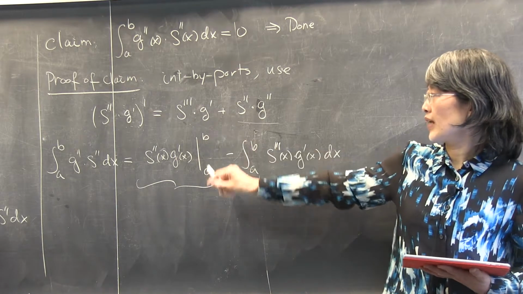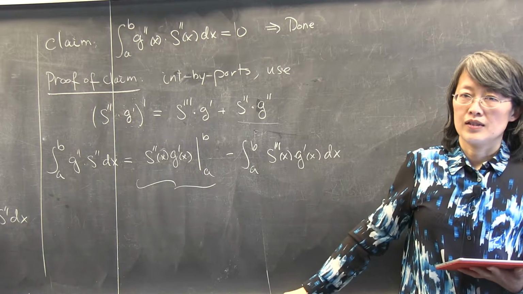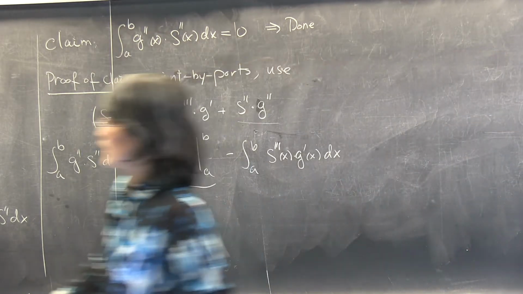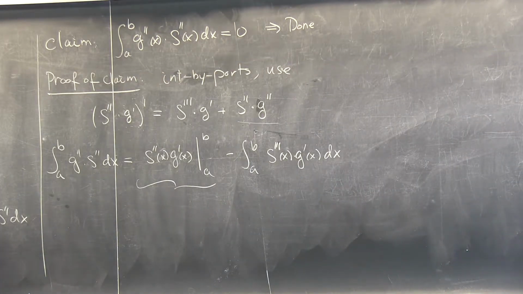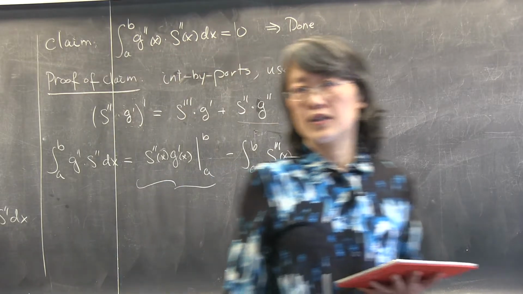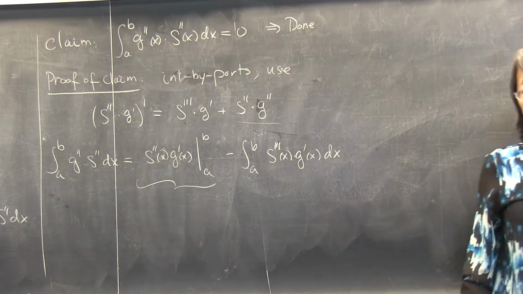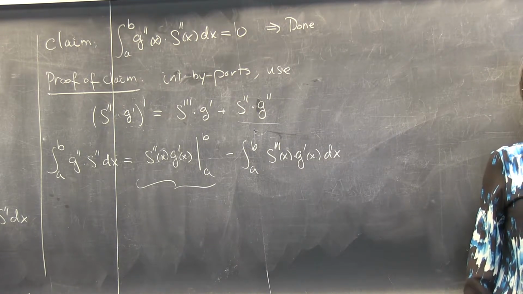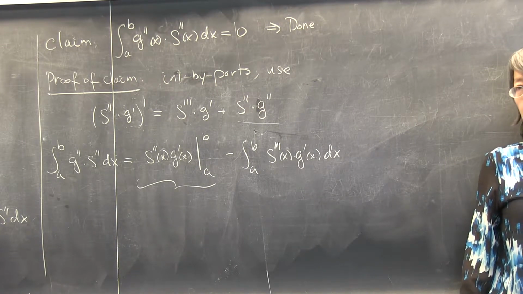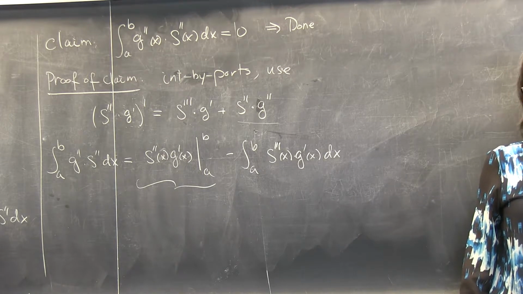What's special about A and B? They are the end points of my knots. Is that right? And I am talking about natural cubic spline. What's so special about natural cubic spline? Remember, we add 2 additional conditions to make up the number of equations equal to the number of unknowns? What was that?